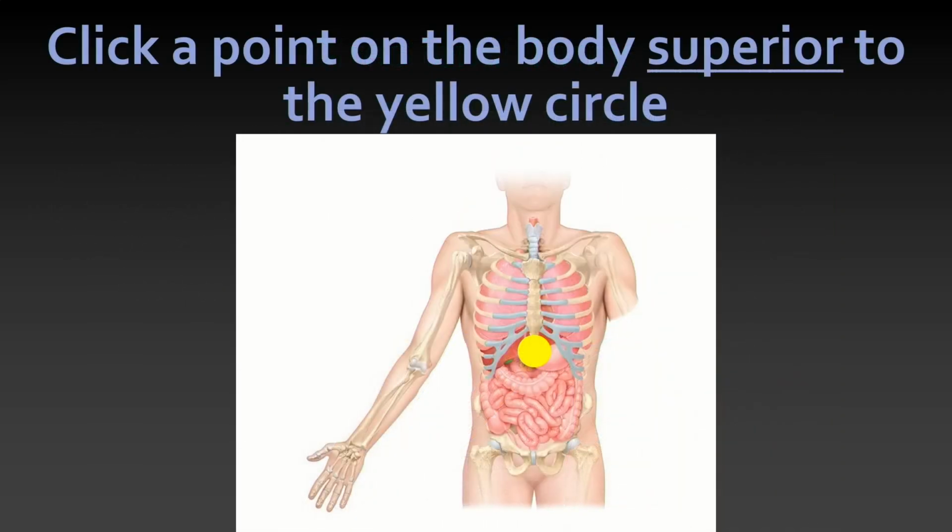I want you to click a point on this image that's superior to the yellow circle. Polling's open. You should just be able to click on it somewhere. Anywhere on the body superior to the yellow circle. And we've got a clock going, but I can see 94 of you have answered.